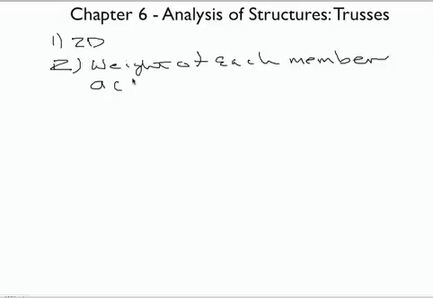We're going to assume that the weight of each member acts 1/2 at each joint. Okay, so where that straight line piece from that truss, right, in the previous one where they were connected, the weight of that member, if we're including weight, acts 1/2 at either end, basically.